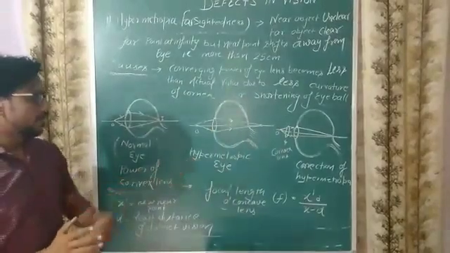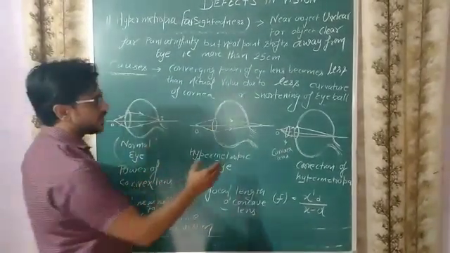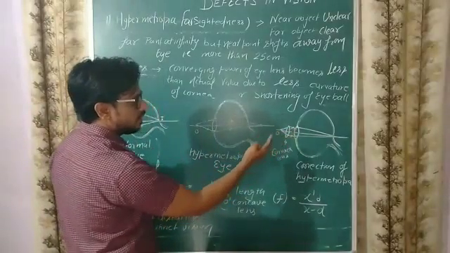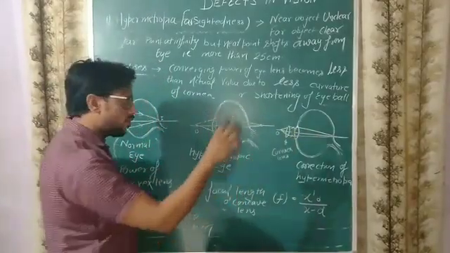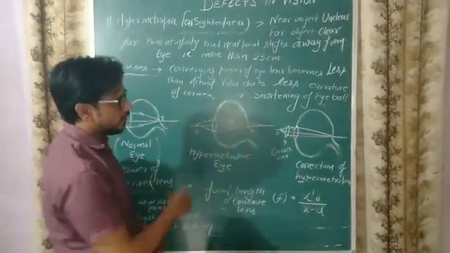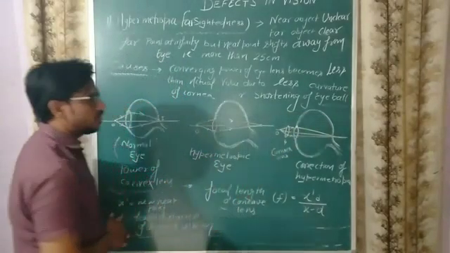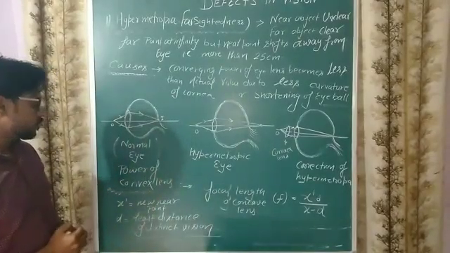For correction of this defect, we will use a convex lens. It will converge the rays, and the converging rays which fall on our eye lens are converged to the retina. This is how we can resolve this defect.